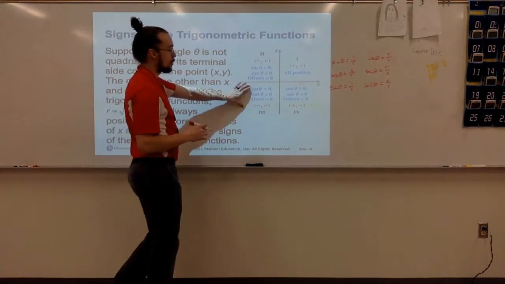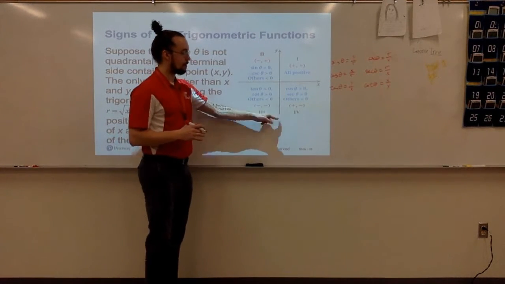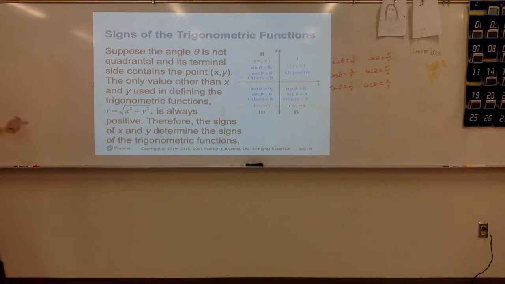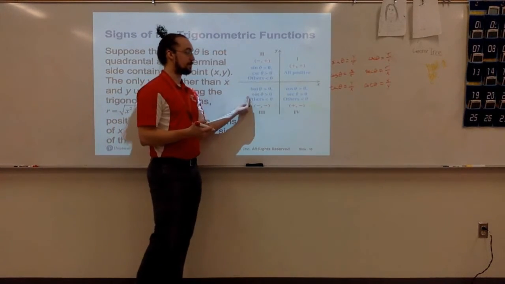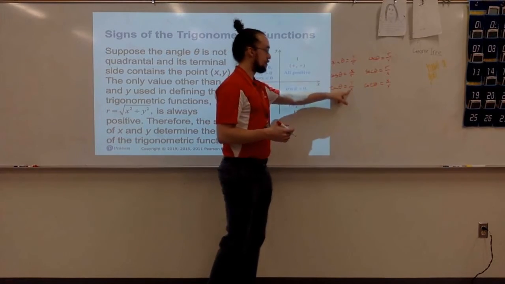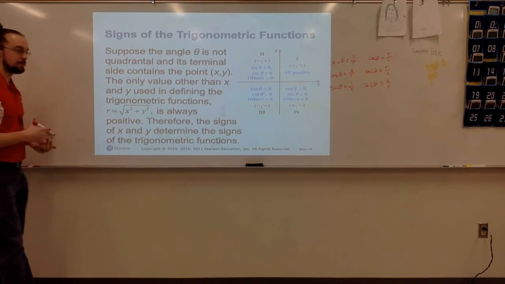If we're in the third quadrant, the x value and the y value are both negative, which means both sine and cosine will be negative. But for tangent, we have a negative divided by a negative, so tangent will be positive.